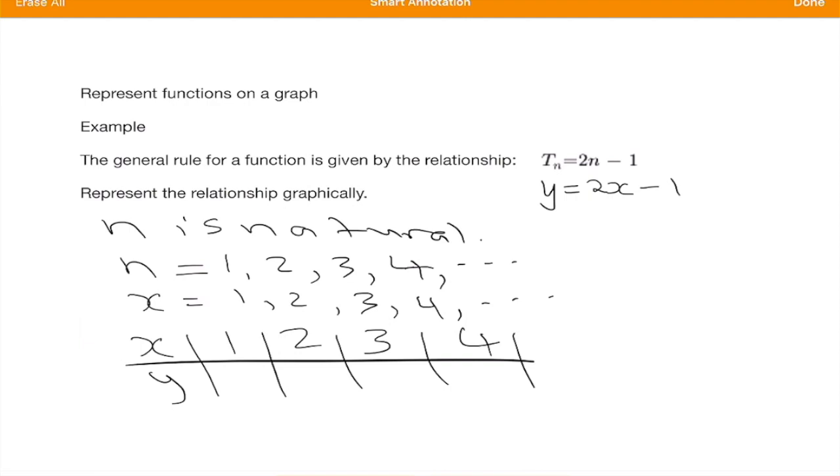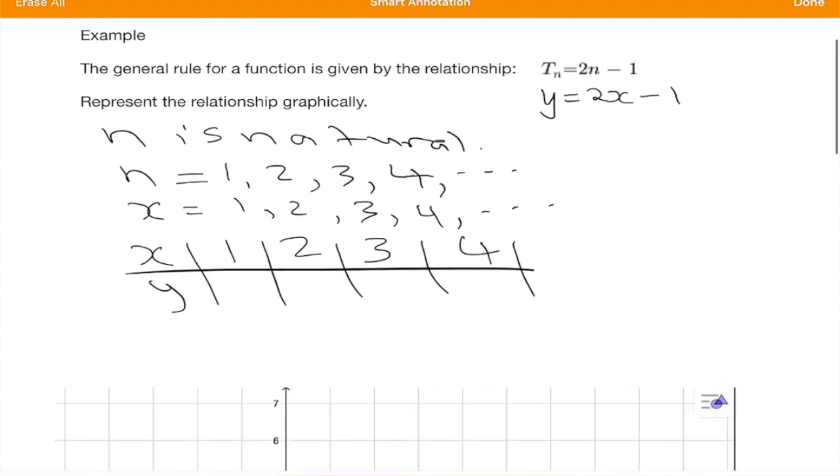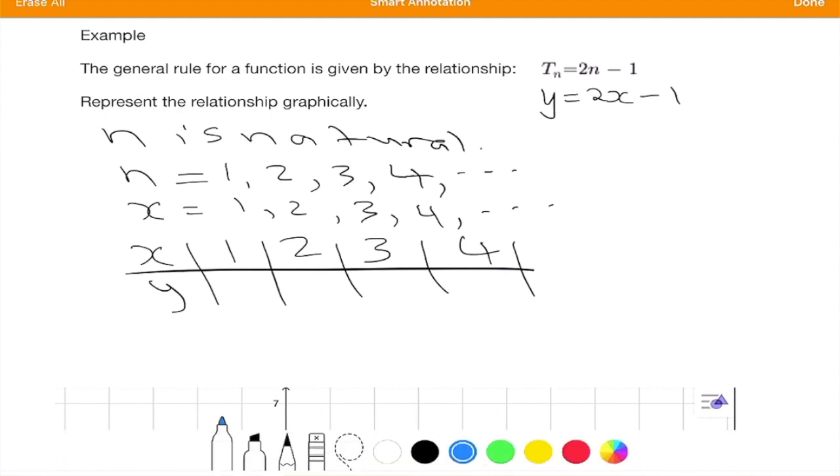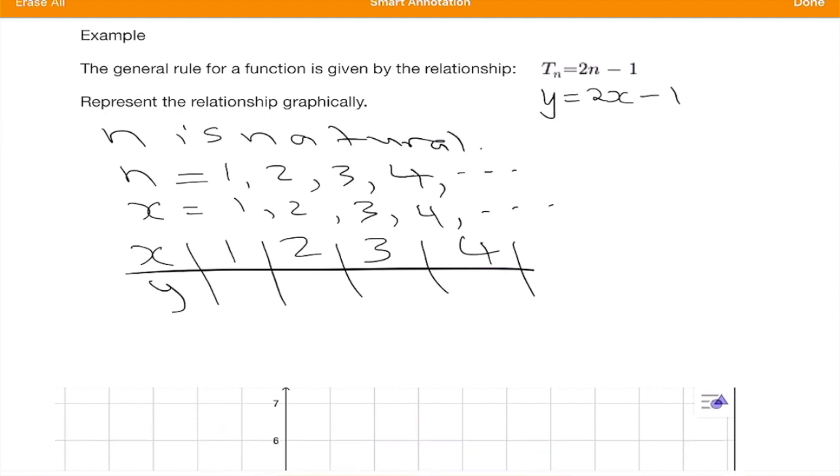And to achieve that, we just need to substitute into that function there. So let's do the first one. When x is 1, y will become 2 multiplied by 1, subtract 1, and that should give us an answer of 1. So when x is 1, y is equal to 1.